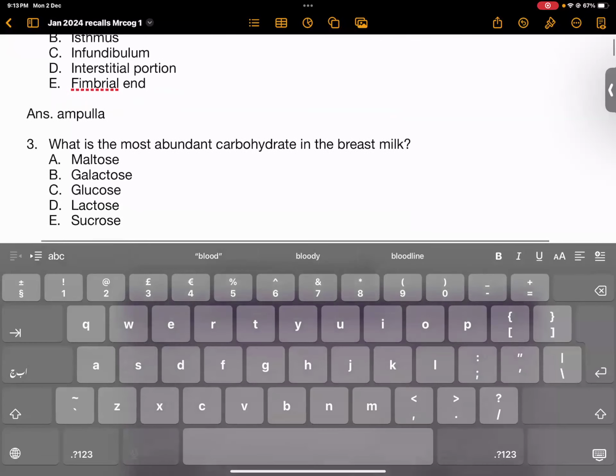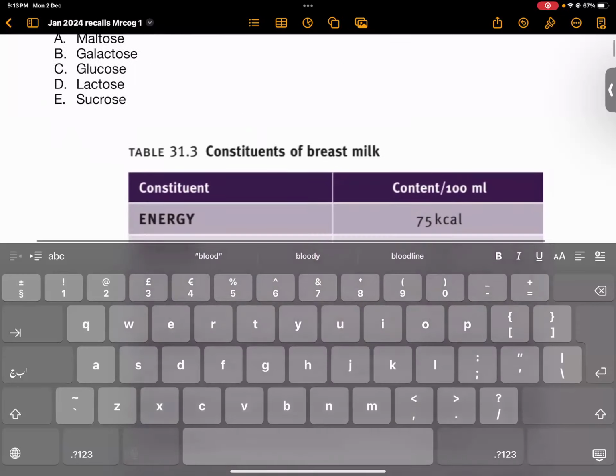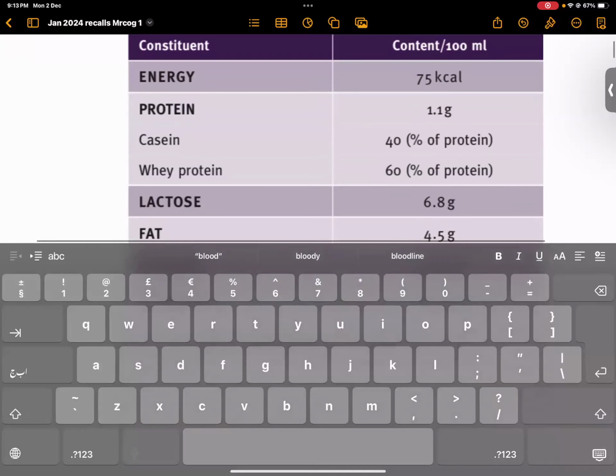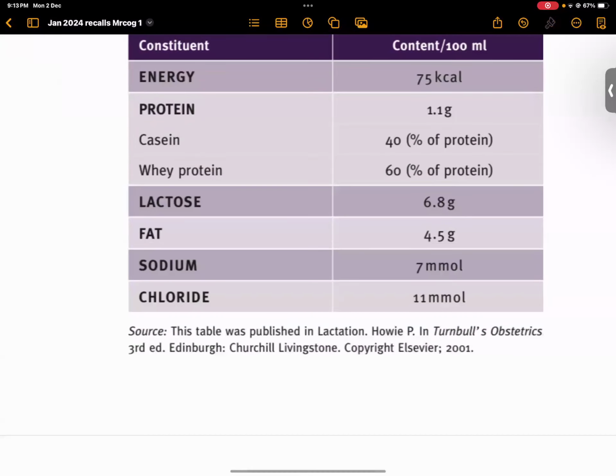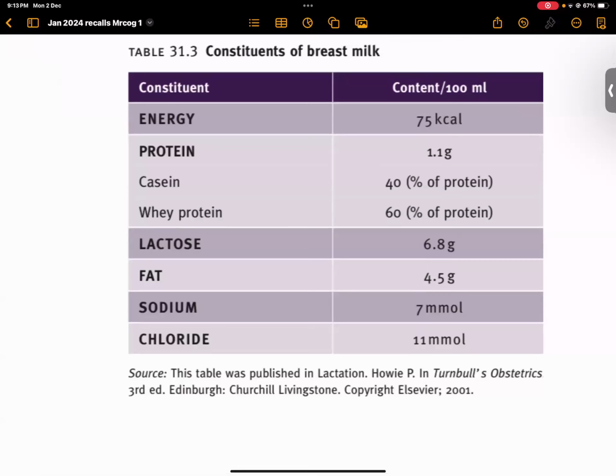What is the most abundant carbohydrate in breast milk? The options are maltose, galactose, glucose, lactose, and sucrose. Yes, lactose. If you see this table from your book, breast milk has energy of 75 kilocalories per 100 ml, and protein is 1.1 gram.